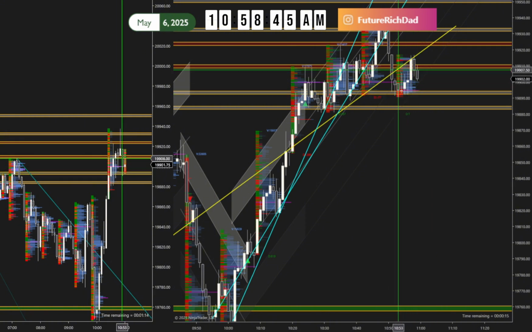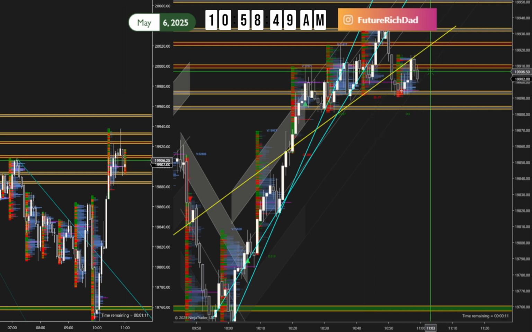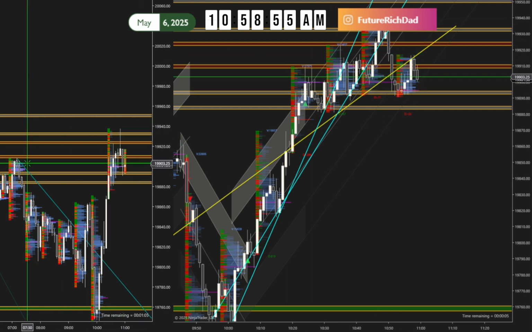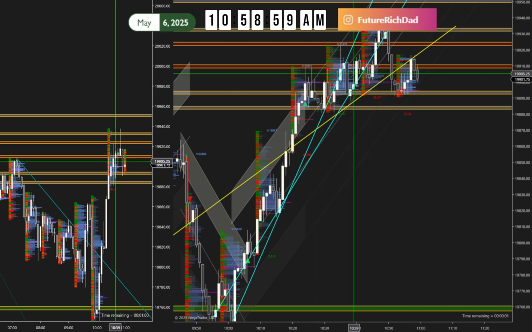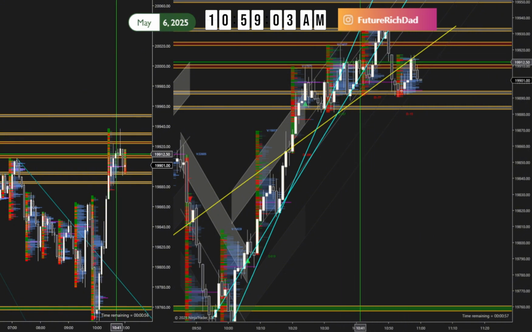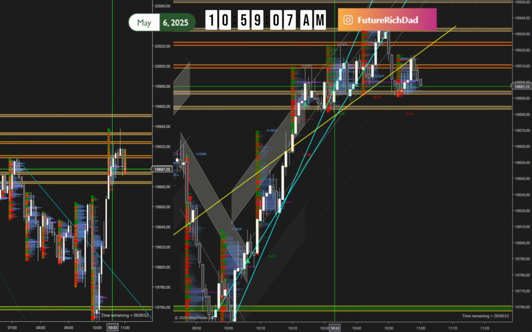Then there's this volume cluster that we need to get fulfilled, as well as this. That's why when people say look left, these are significant areas of where volume could be, but no one tells you where volume's at other than volume profile. Looks like there could be a downward play here.